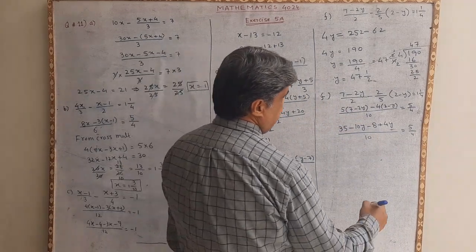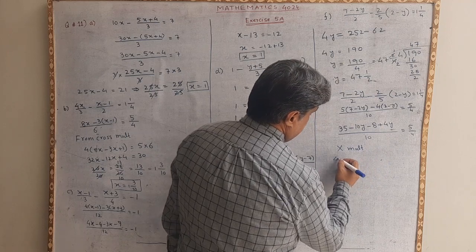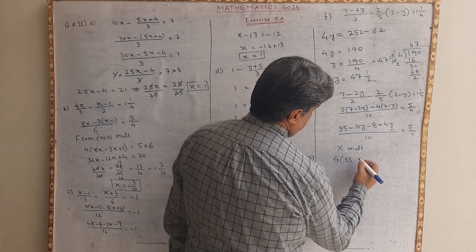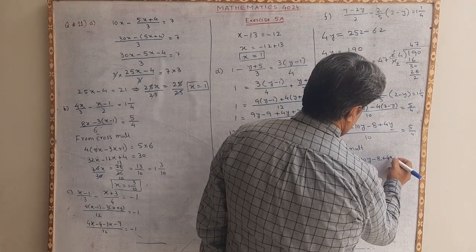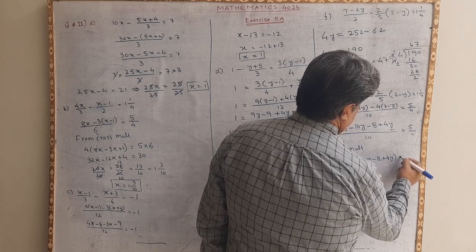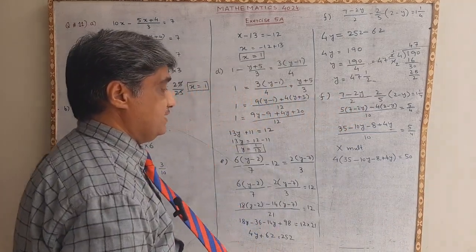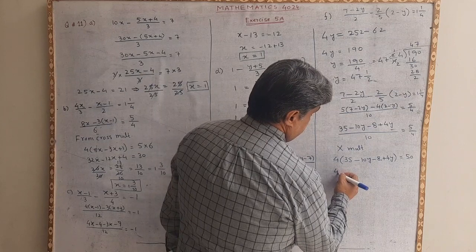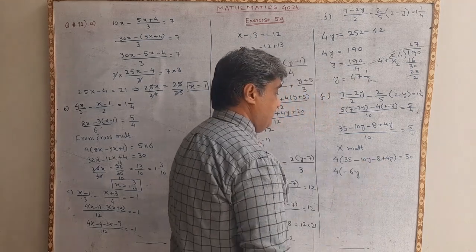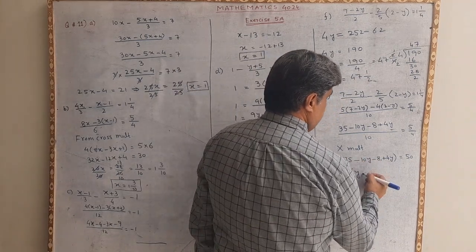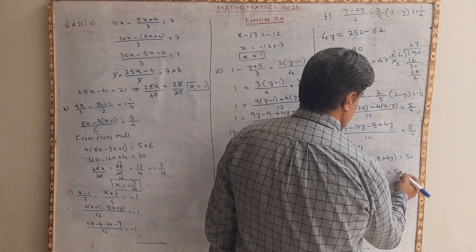Now from cross multiplication we are having 4 into 35 minus 10y minus 8 plus 4y, and then 10 fives are, I have to write this 50. First of all, before multiplication of 4, we have to simplify this: minus 6y, and if I am subtracting this, so plus 27, and then is equal to 50.